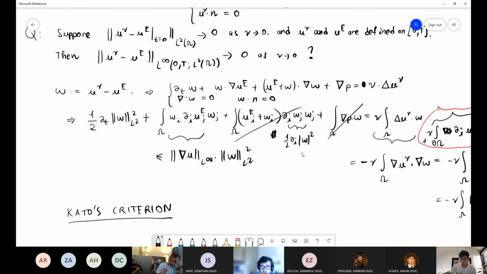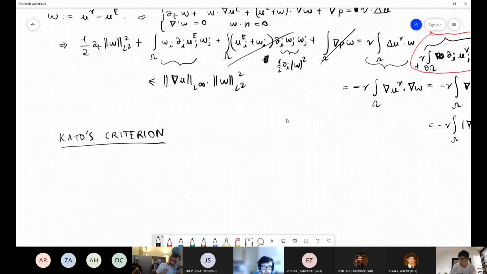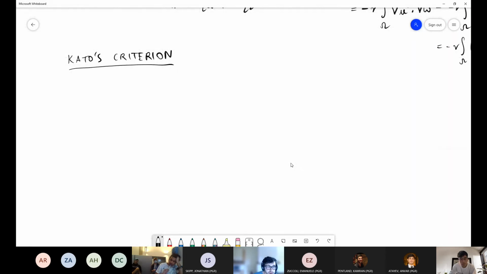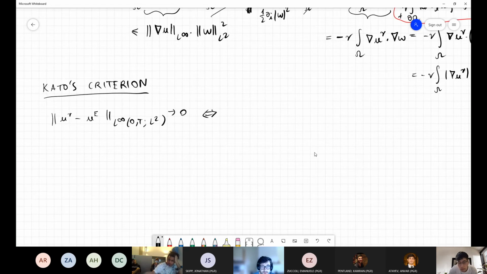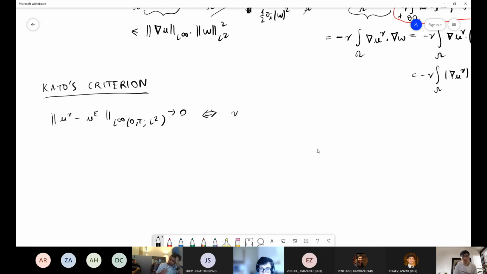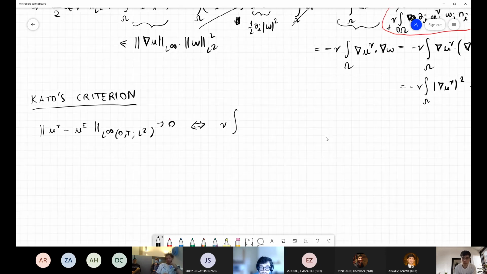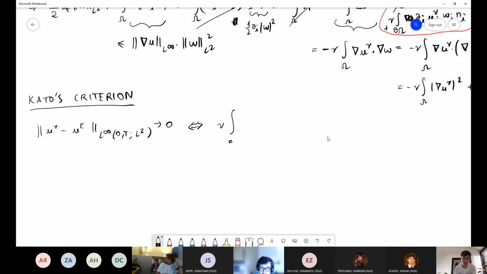So convergence of the initial conditions at time 0. What it says is that you have this convergence in L infinity from 0 to T of L2 if and only if this quantity, the viscosity times the integral from 0 to t of the gradient of u nu in the L2 norm squared, goes to 0 as the viscosity goes to 0.